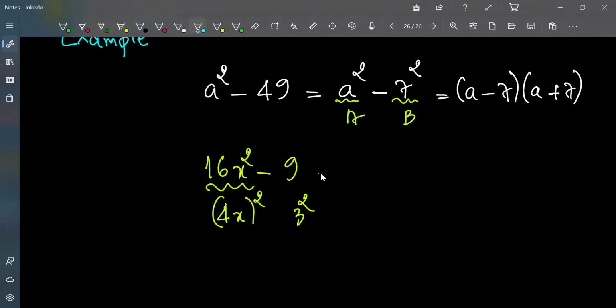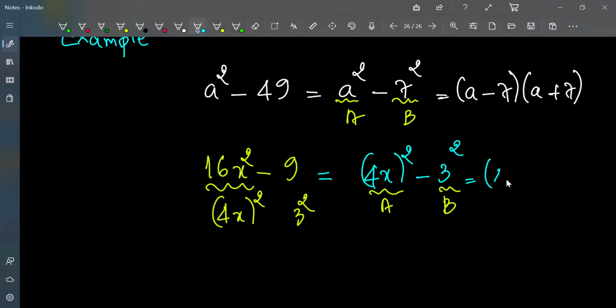So this expression becomes 4x square minus 3 square. This is A and this is B, so we can write the two factors as 4x minus 3 multiplied by 4x plus 3.